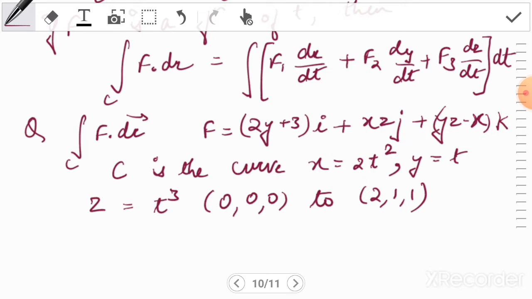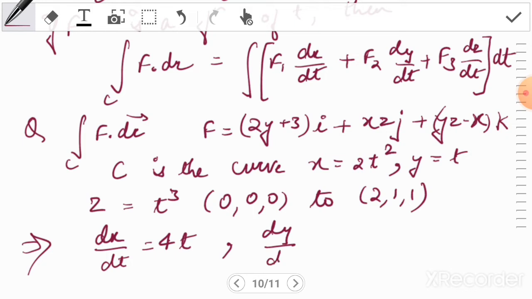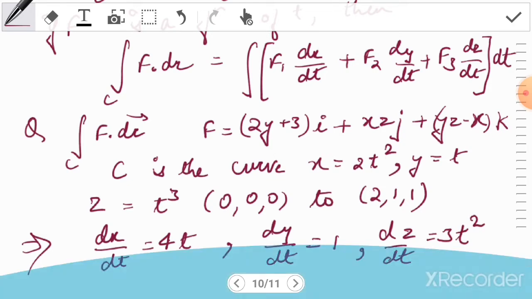So let us start by differentiating x with respect to t, y with respect to t and z with respect to t. So dx by dt is equal to 4t, dy by dt is equal to 1 and dz by dt is equal to 3t square. Okay.